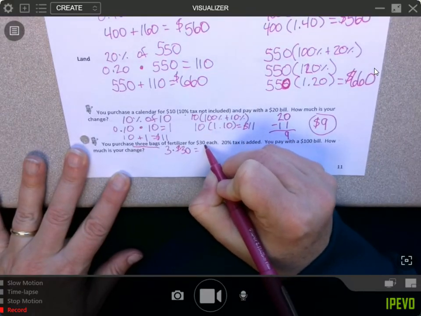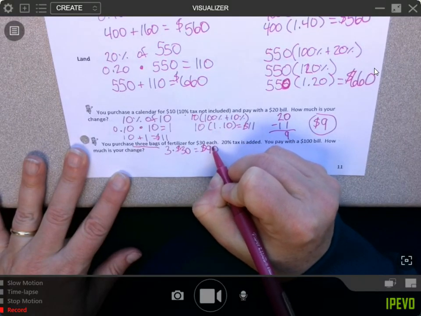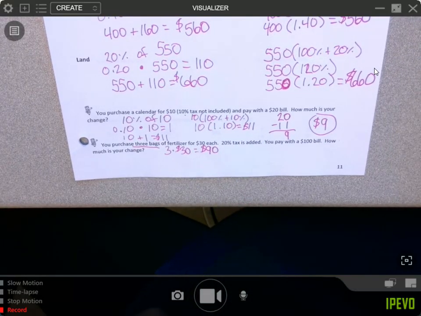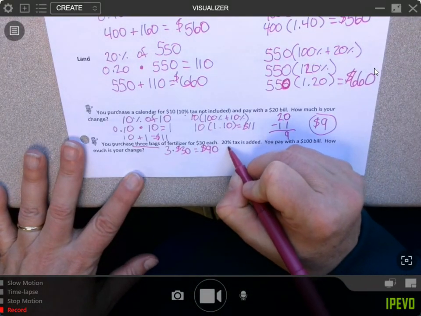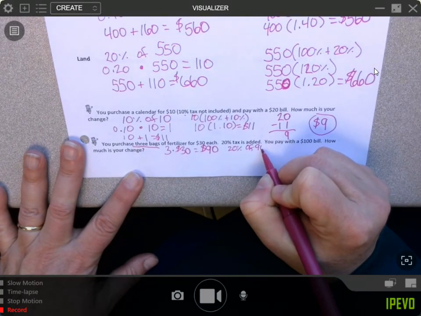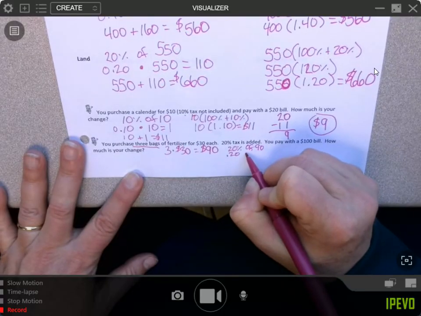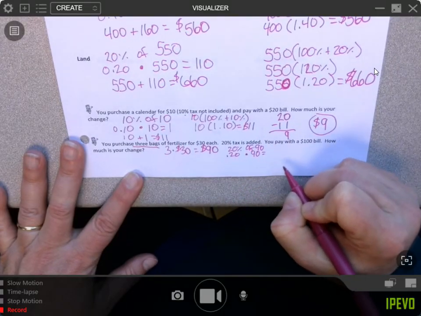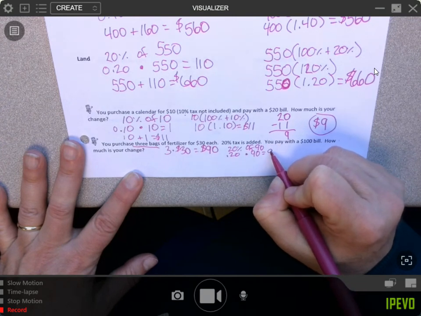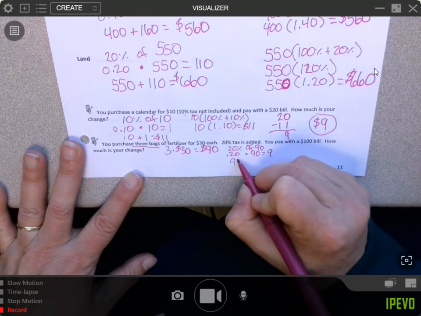So we know it's $90. Then we have a 20% tax added. So we have 20% of 90. So that's 0.20 times 90, which is 9. We add that to our 90.